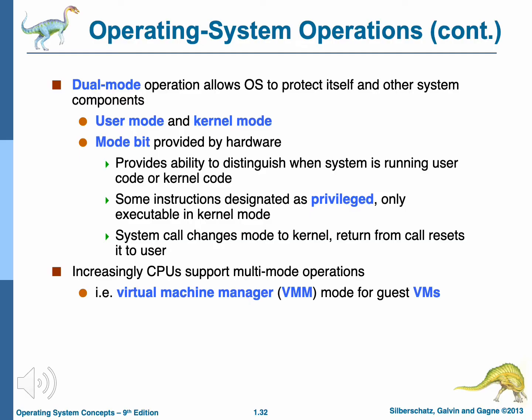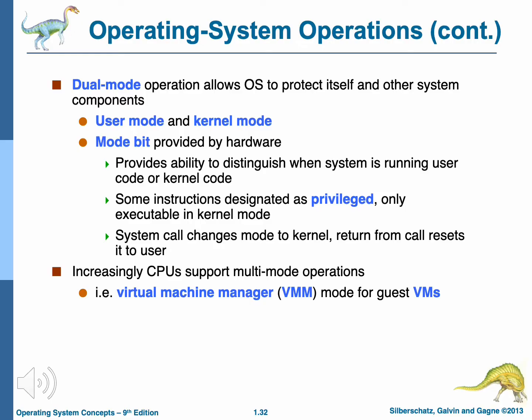The approach taken by most computer systems is to provide hardware support that allows us to differentiate among various modes of execution. At the very least, we need two separate modes of operation: user mode and kernel mode, also called supervisor mode, system mode, or privileged mode.